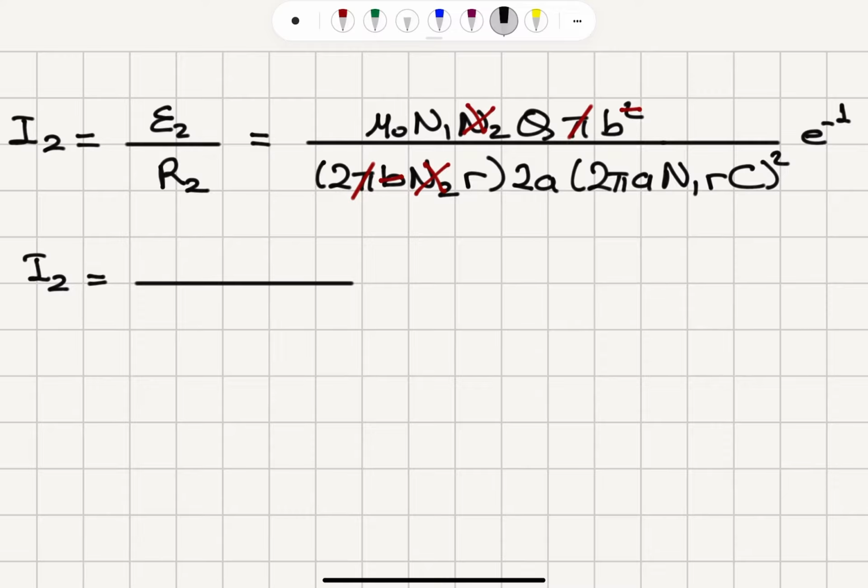I will also have an N1 cancellation for this N1 squared, so let's take that into account. So I will have mu 0 Q b exponential minus 1 divided by, now you can see I have a factor of 4 here from the square, multiplied by 4. This becomes 16.